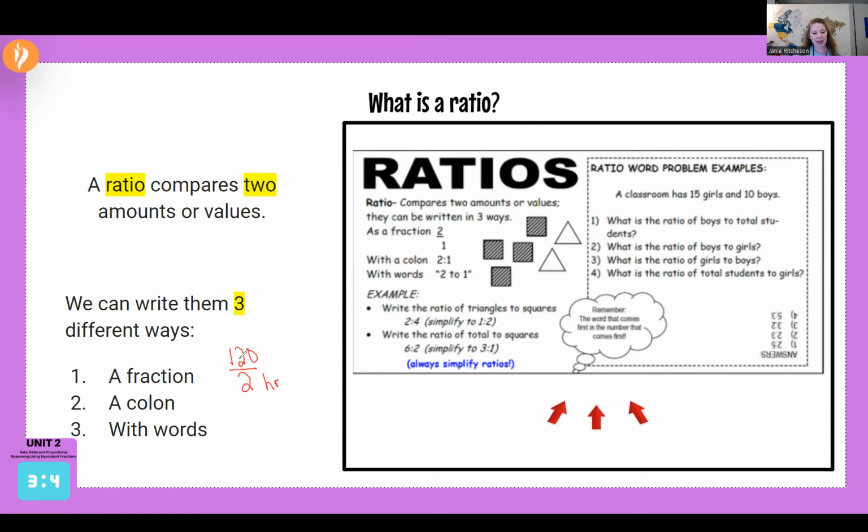I can write my ratio so it looks like a fraction. I can use a colon, 120 miles for every 2 hours, or I can write with the word to, 120 miles to 2 hours. So all three ways, and there's another example here. There's three different ways to write a ratio.